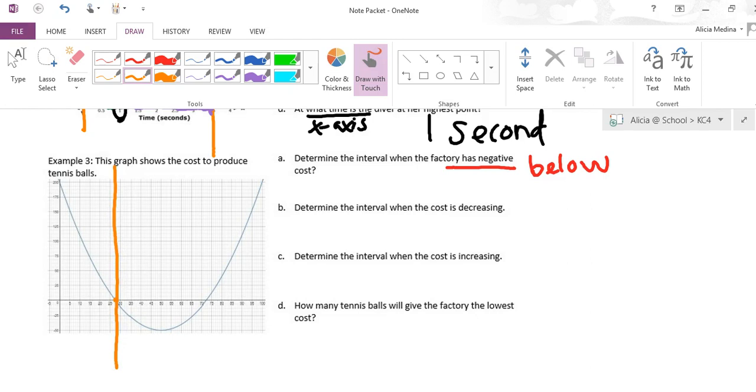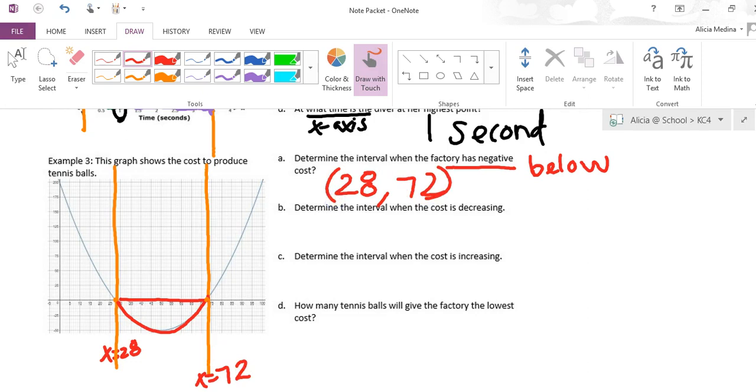It's positive on the left of that point, and it's positive on the right of that point. So where is my function negative? Well, my function's negative all of this, between these x values. So that's going to be from x equals 28 until this x value right here, which is 72.